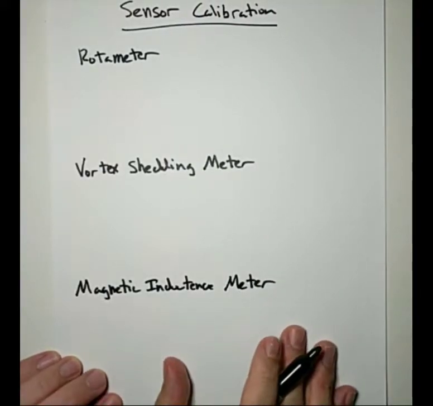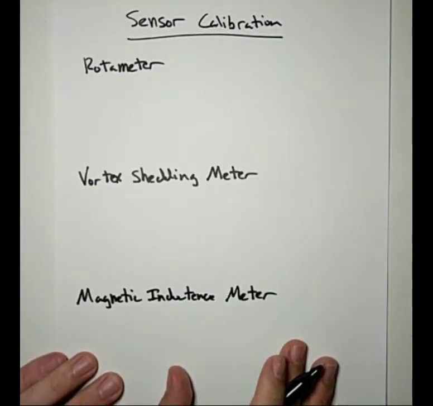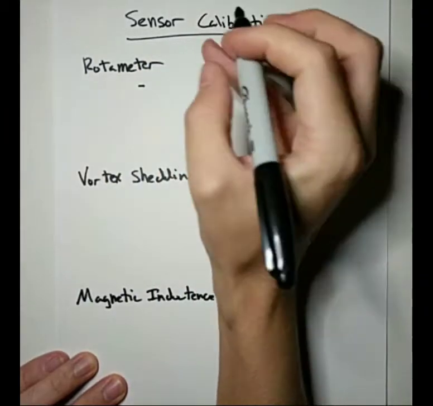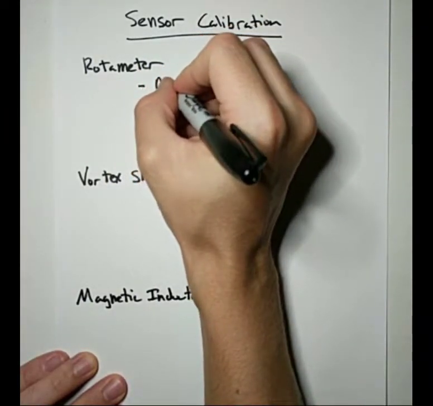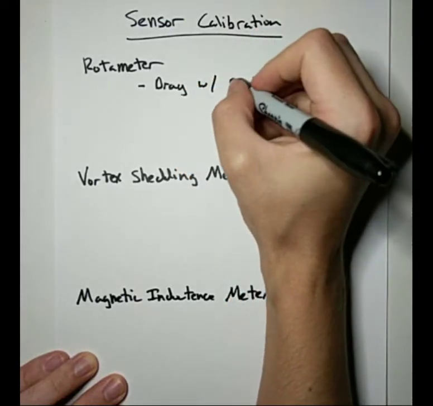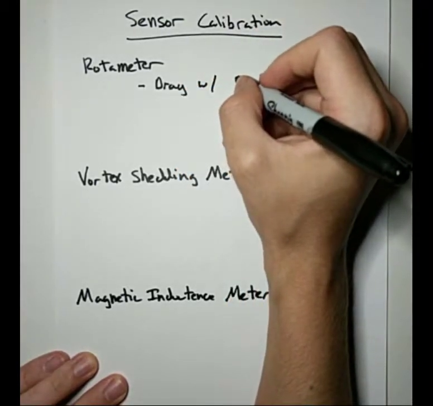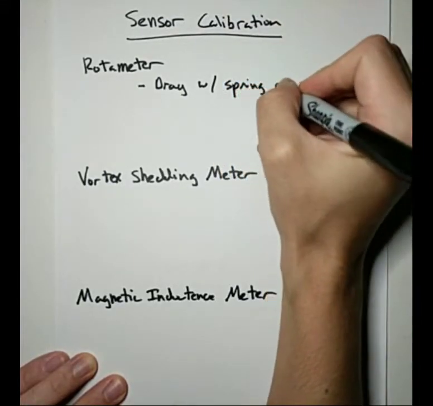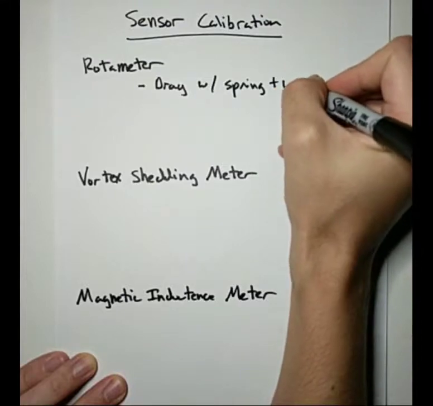So the rotometer is a completely analog gauge. It works based on balancing a drag force with some sort of restoring force. And in our case, it is a spring and a weight.